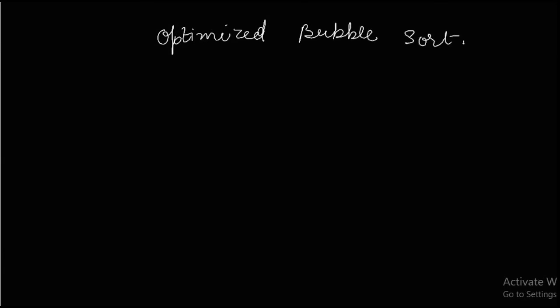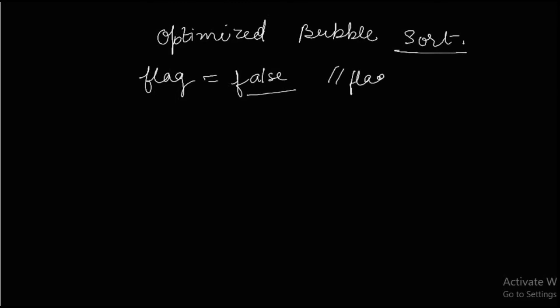We will take a variable like flag here, and initialize it as false. If you are making the program in C, you can write flag equal to 0. Then we write the outer loop: for i equal to 0, i less than or equal to n minus 1, i plus plus.